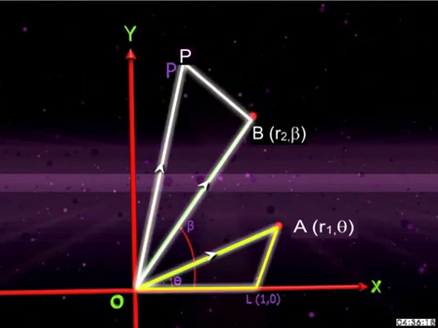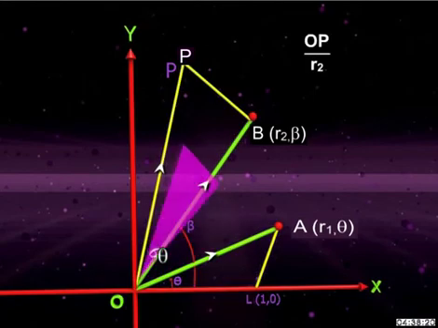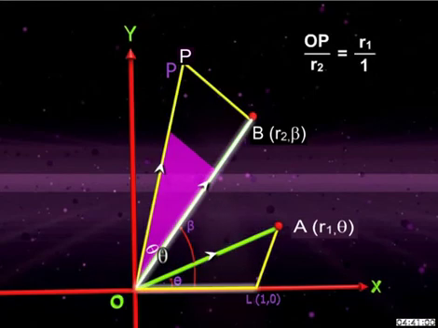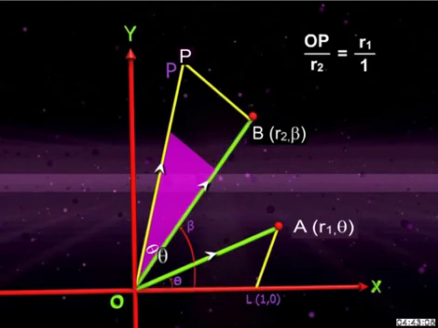Since these two triangles are similar, the ratios of corresponding sides of these triangles are also equal. Solving this equality of ratios for OP, we get OP is equal to r1 into r2.